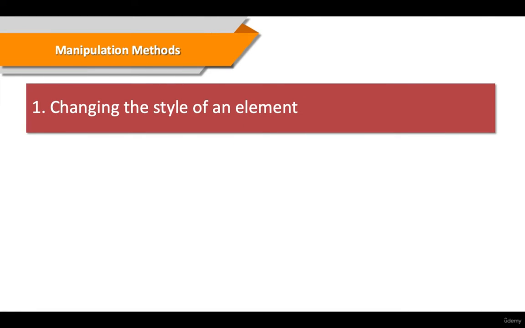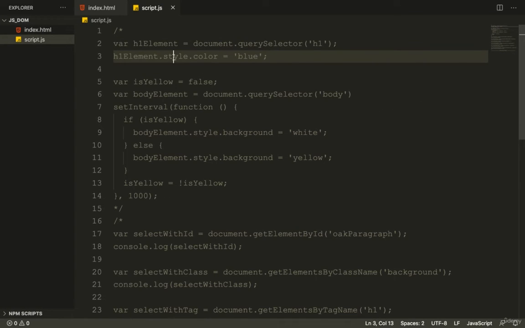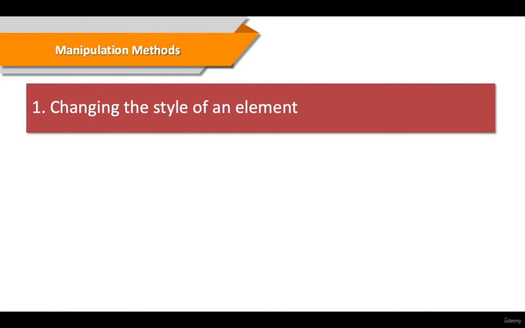I'll show you by showing you a couple of different ways to manipulate these elements. The first one, we can change an element style, and this is from our earlier example. So after selecting an element, we can just reach out to the style properties of this element. We can manipulate them. We can change its color or display.